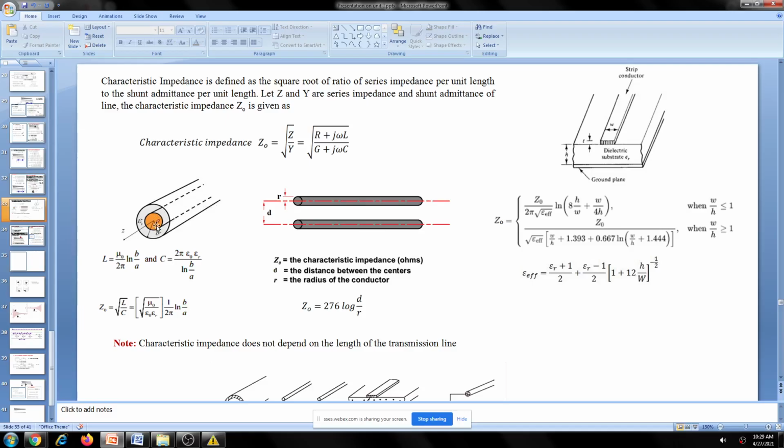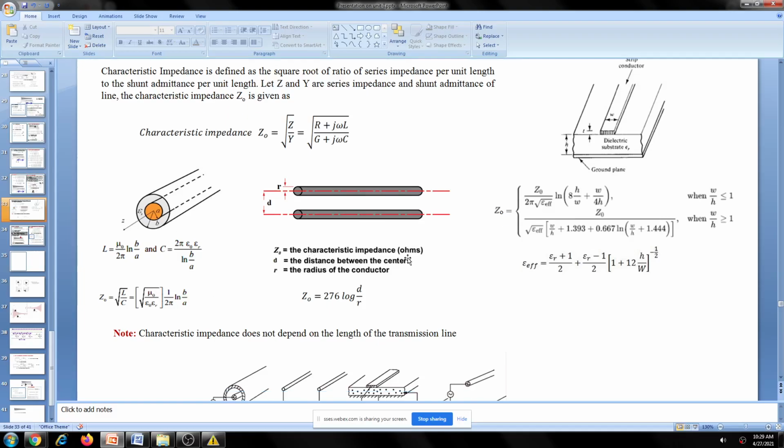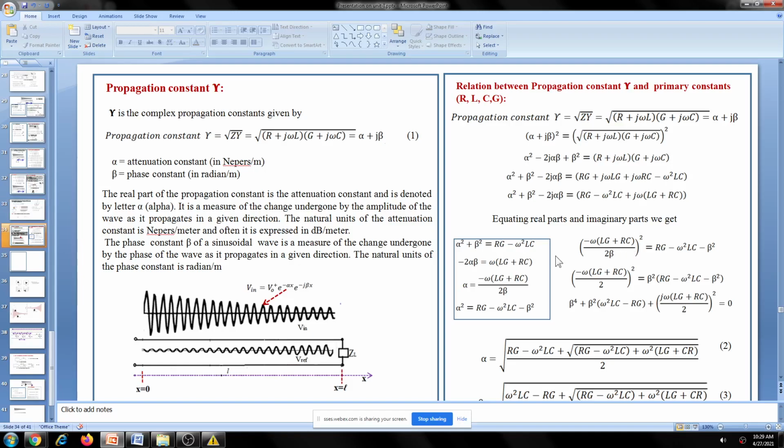The a and b of a coaxial cable do not remain the same; they change as the frequency changes. You can observe those, I think, in the microwave lab. Some coaxial cables are lesser in diameter, some are larger in diameter, usually based on the frequency. So this is a very important parameter in transmission lines.